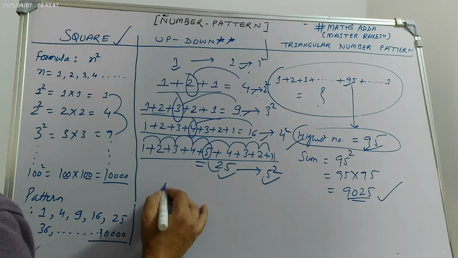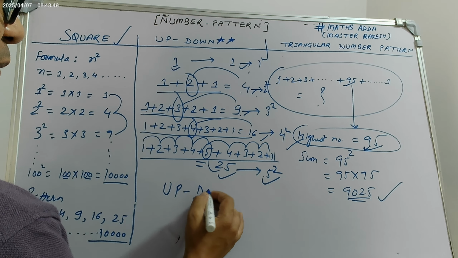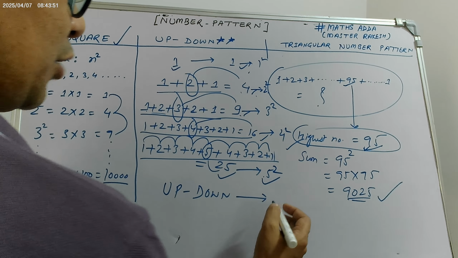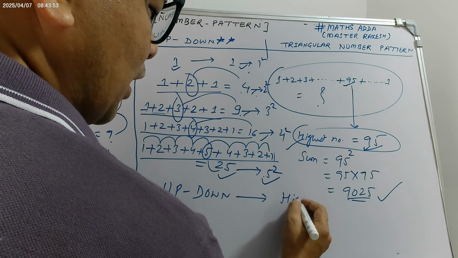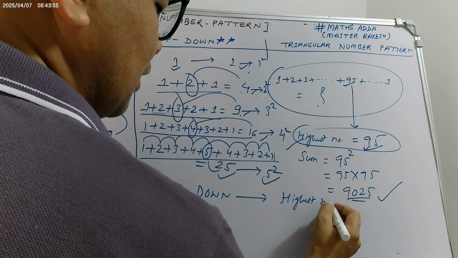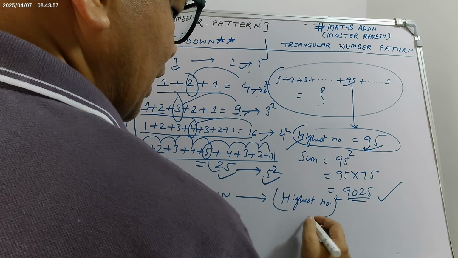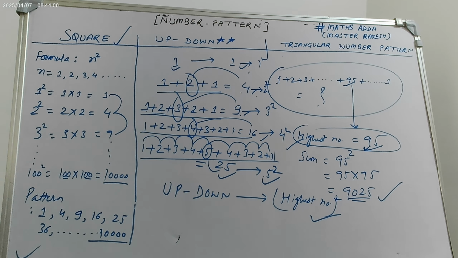Okay, so for the up and down pattern, you need to take the square of the highest number. If it is an up and down pattern, the highest number in the series, you will have to square that same number. So we will continue with the triangular number patterns.